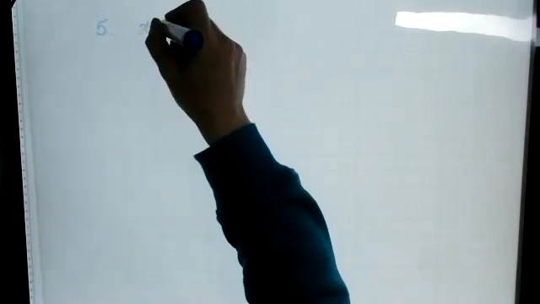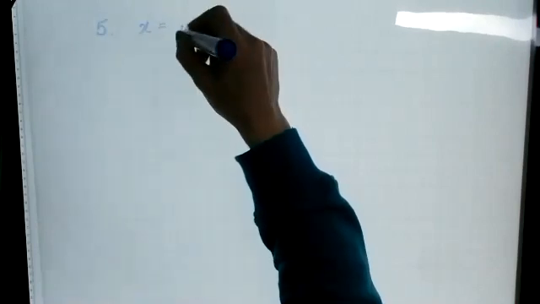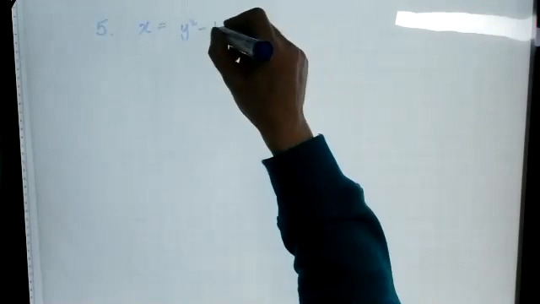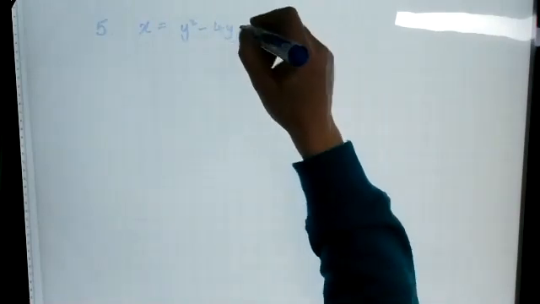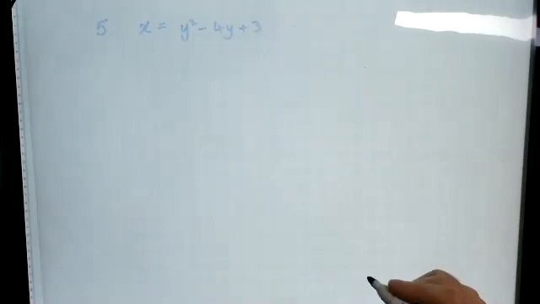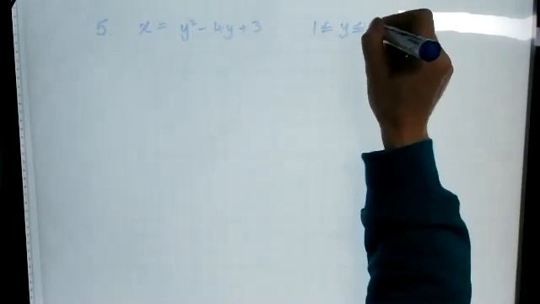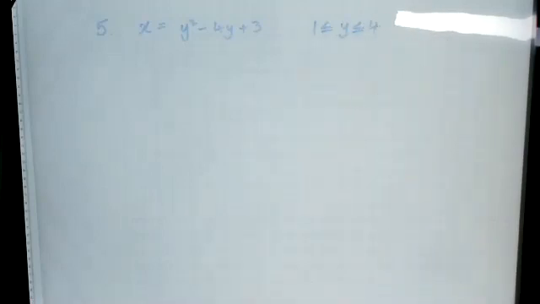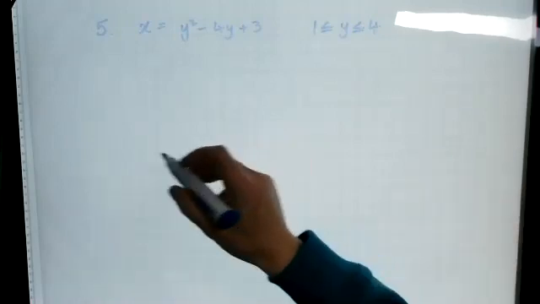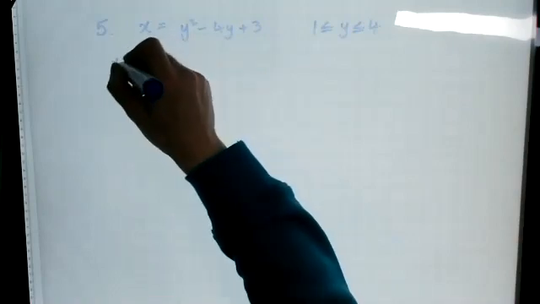Okay, so quick. Find the area bounded by the x-axis and the curve x equals y squared minus 4y plus 3. So to find the points of intersection, x equals 0, the usual.